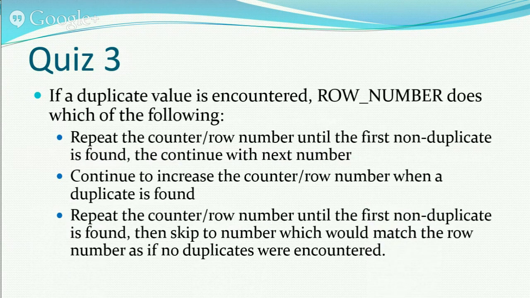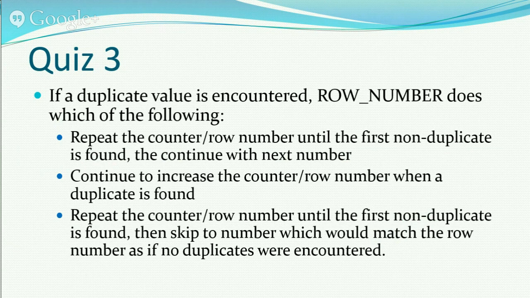Okay, this one's a little bit more wordy. If a duplicate value is encountered, row number does which of the following? Repeat the row counter number until the first non-dupe is found, and then continue with the next row number. Continue to increase the counter row number when a duplicate is found.